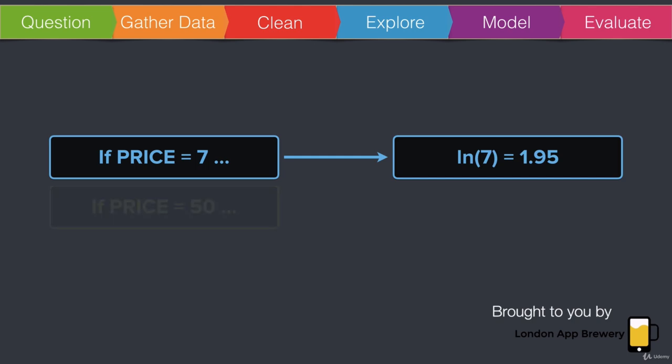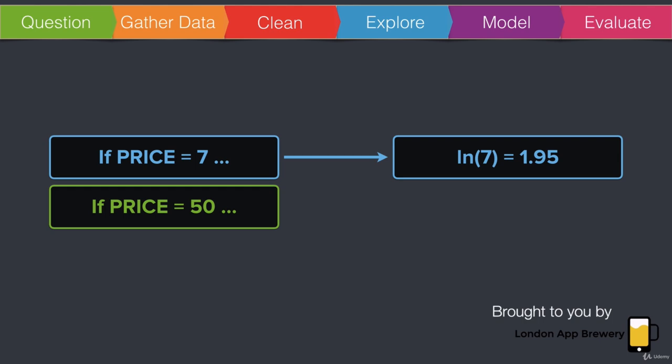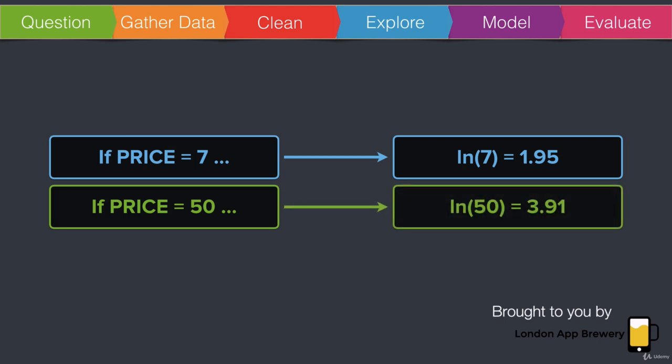If a property price is listed as 50, so some of the highest values that we have in our data set, then the log price of this property would now be equal to 3.91. Thus, what the log transformation achieves is you get a small change of around 5 in the small price of 7, but you get a large change of around 46 for the large values in the dataset.